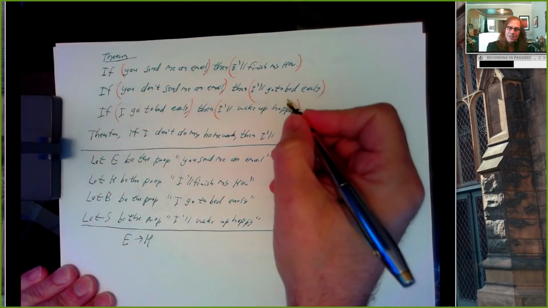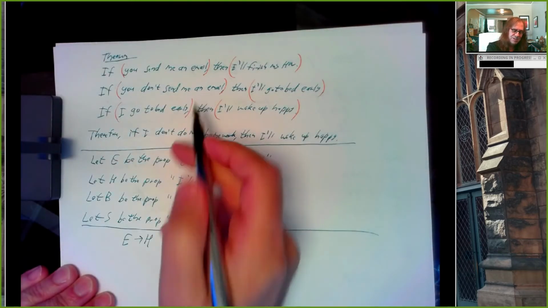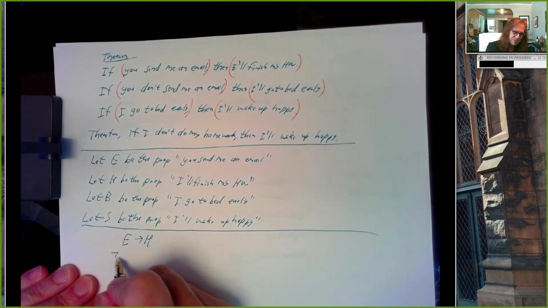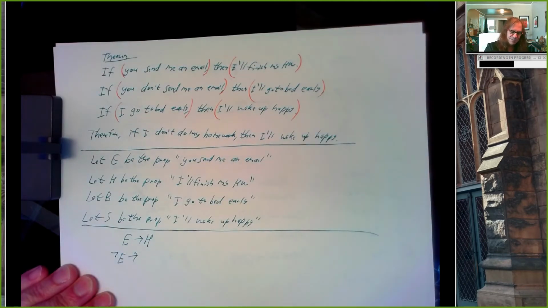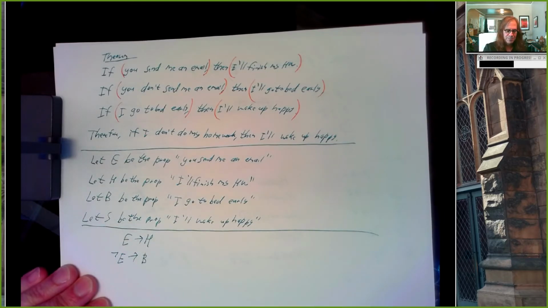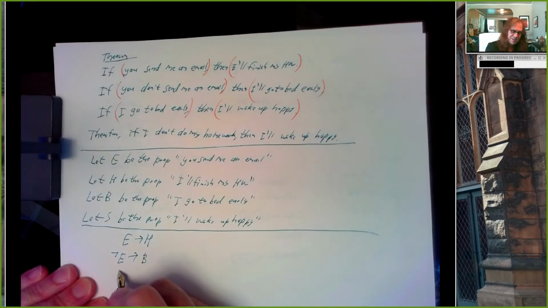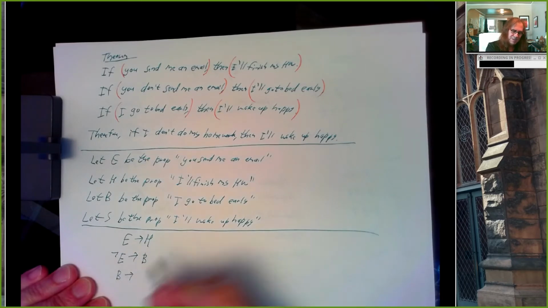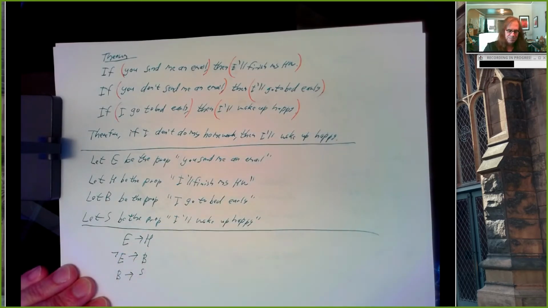And our second hypothesis is if you don't send me an email, which is not E, then I'll go to bed early. So that's B. And our third hypothesis is if I go to bed early, then I'll wake up happy.